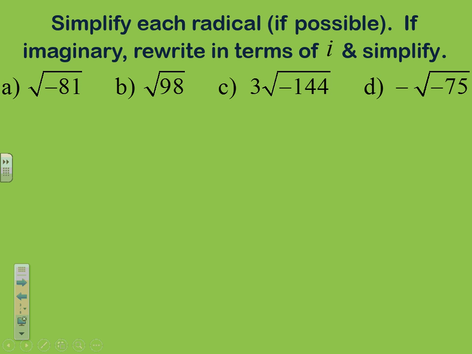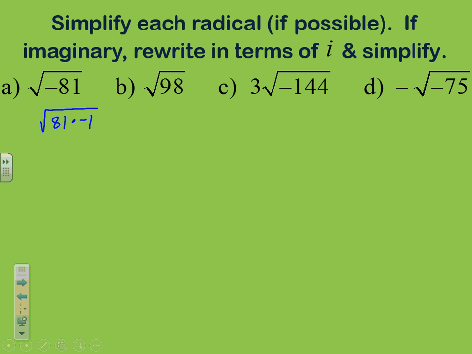Now you can tell here in example A that because of the negative sign underneath the square root, that should produce an imaginary number. So let's break it up into its proper components so we can see why we're doing what we're doing. The square root of -81, underneath the radical symbol, the -81 is the product of a couple of numbers, 81 and the number -1.